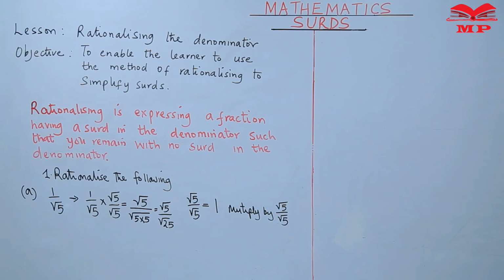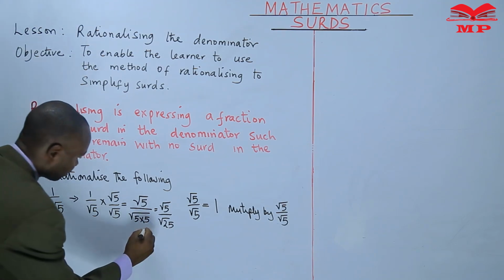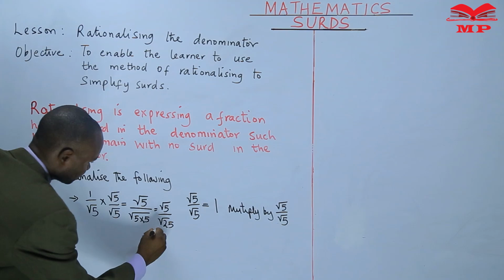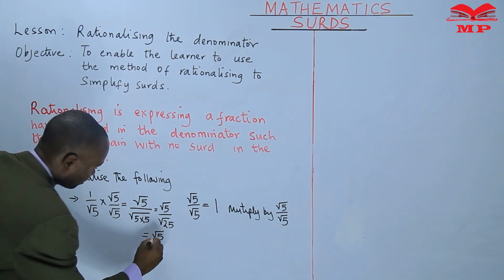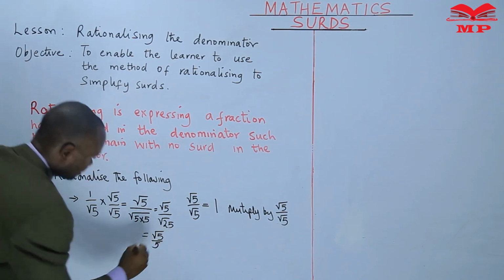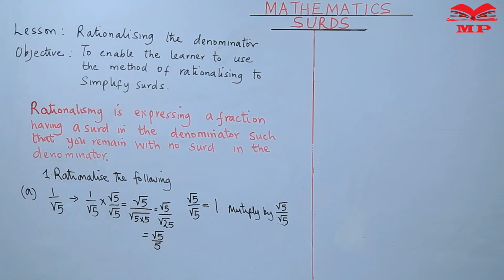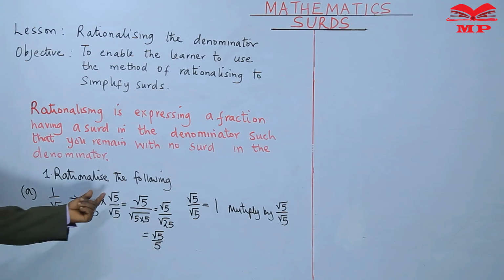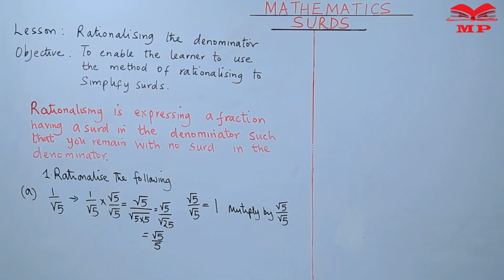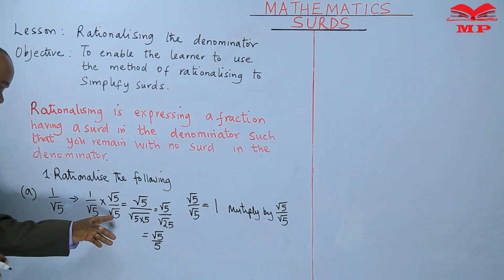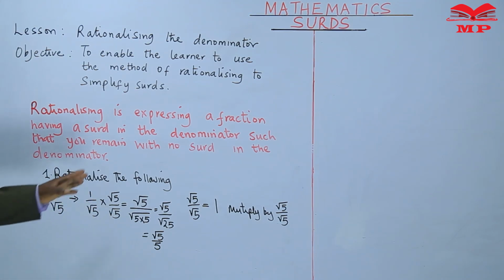Simplified, it will become square root of 5 over 5. That is the final answer of rationalizing. I've simply multiplied the numerator by the numerator and the denominator by the denominator, so you multiply by square root of 5 over square root of 5.